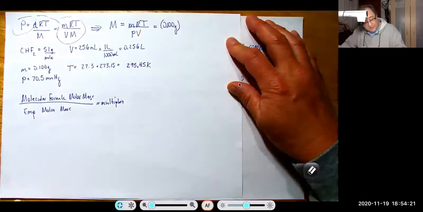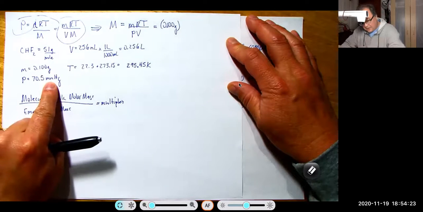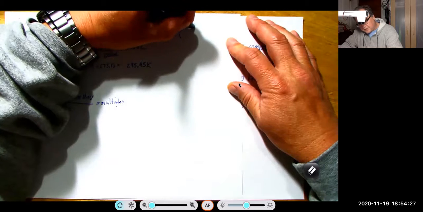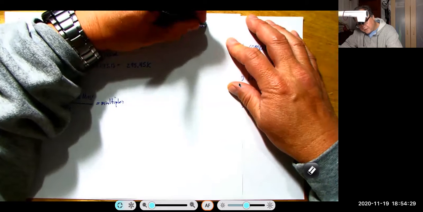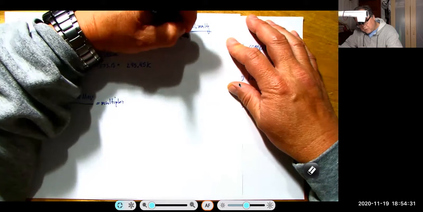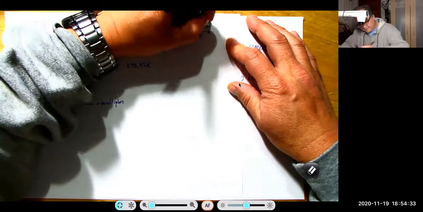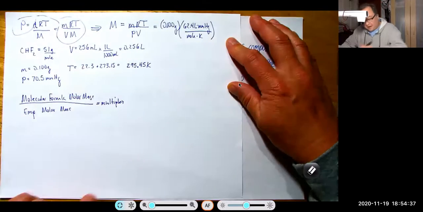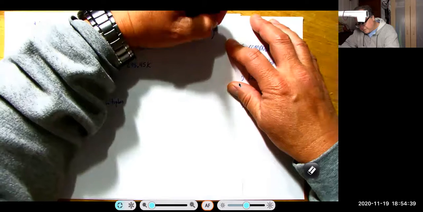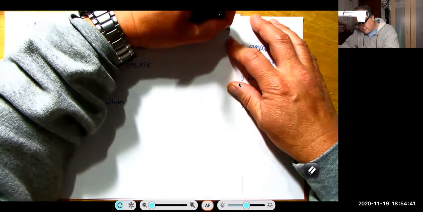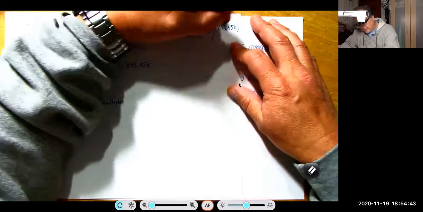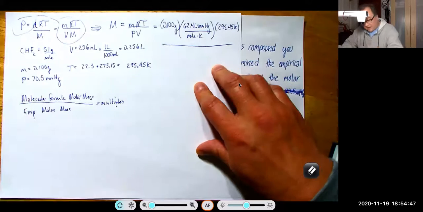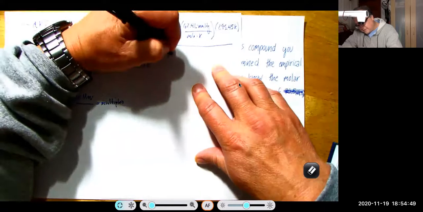The R, since I've got millimeters of mercury here, I'm going to use the 62.4 liters millimeters of mercury per mole per K. For the T, we're going to use the 295.45 K. And then for the pressure, we're going to use 70.5 millimeters of mercury.